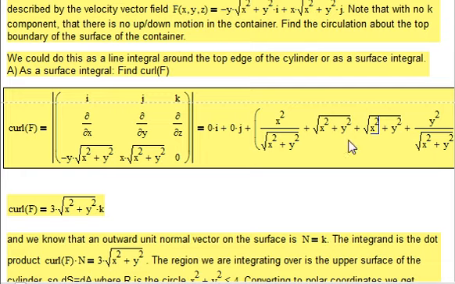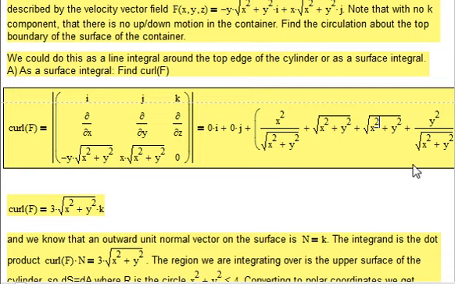But I think you can see if I find a common denominator with all this stuff, I get something like 3 times x squared plus y squared, because I get 1 from here, 1 from here, and 1 from here, plus that, over 3 times the quantity x squared plus y squared over square root of x squared plus y squared.